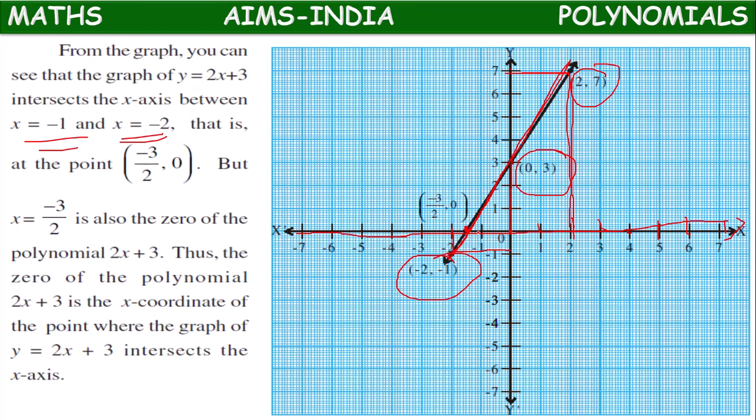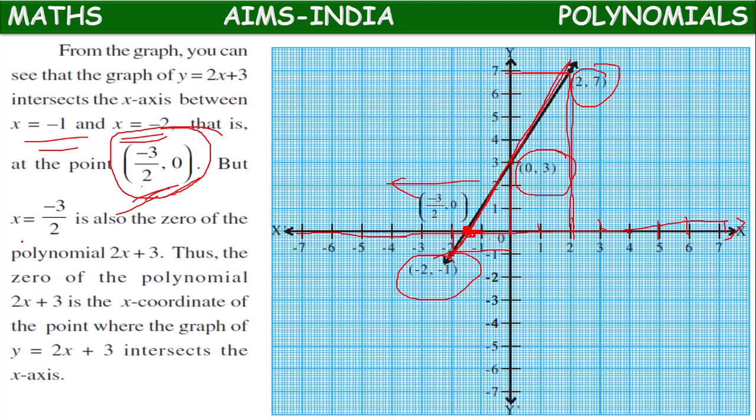From 0 to minus 1 is one part, and from 1 to this intersecting point is half a part. 1 plus half means 3 by 2, and it is towards the left side, so we can take minus 3 by 2. It is on the x-axis with value minus 3 by 2 and y value 0. So the straight line we have drawn intersects the x-axis at the point minus 3 by 2 comma 0.